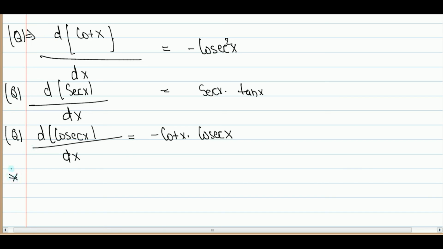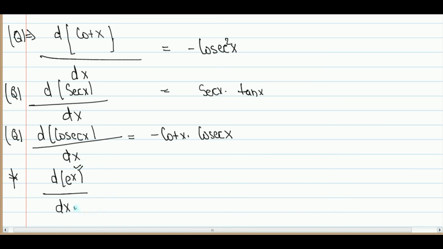So let's move to the last one, which is differentiation of e to the power x, d/dx. So just try to remember, here the power of e is what? x.